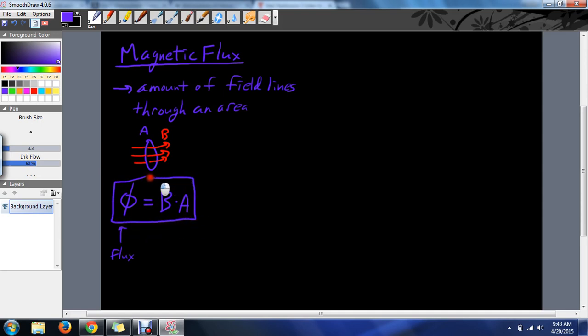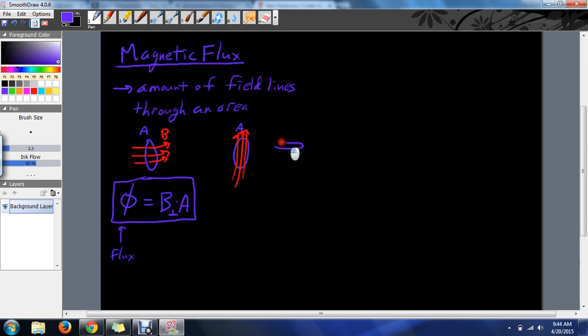Now we do want the field to go through the area, so therefore we want it to be perpendicular. For instance, if the field were not running through the area but were running in the same plane as it, maybe I can draw that a little differently.